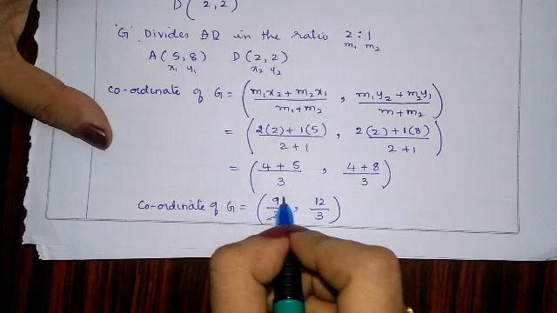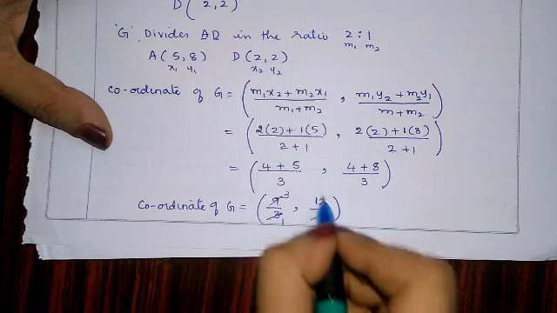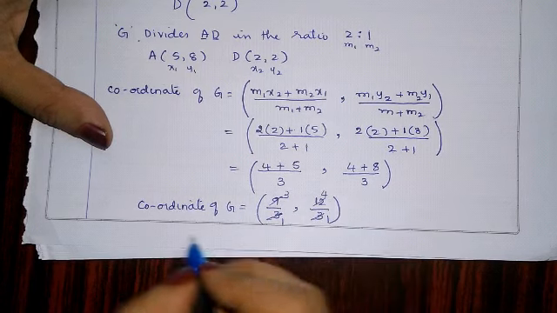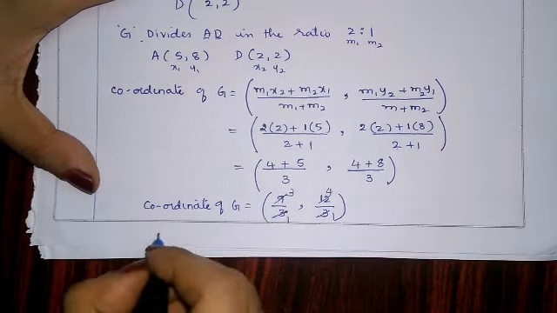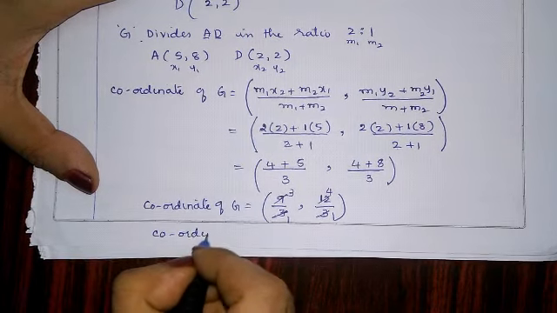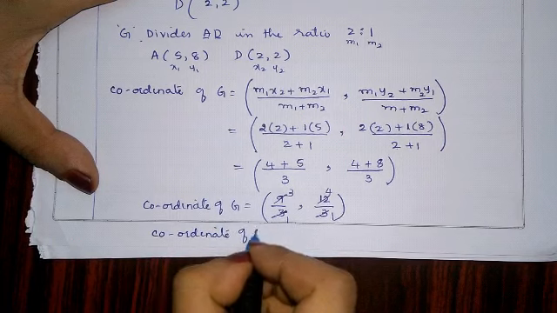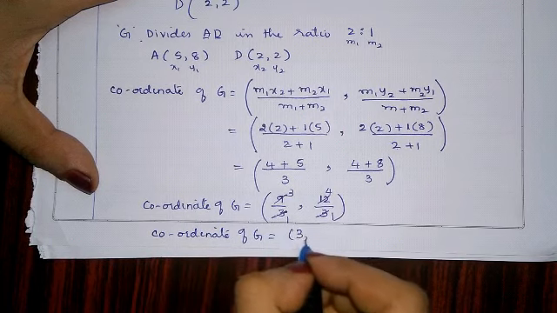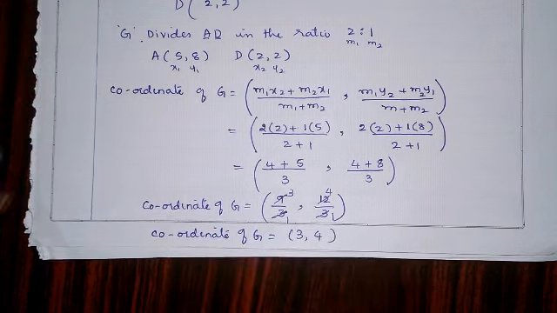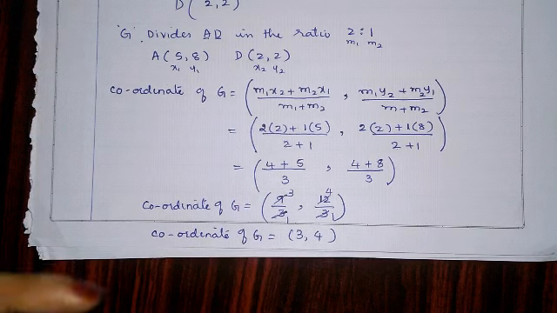Three threes are 9, and three fours are 12. So the coordinates of G are (3, 4). This completes question number 24.